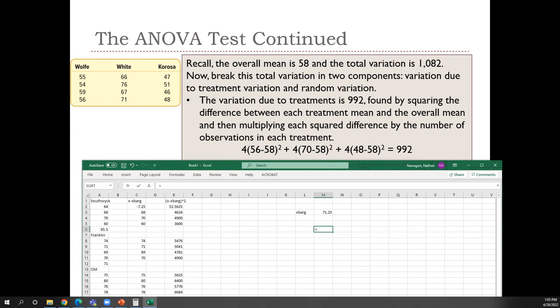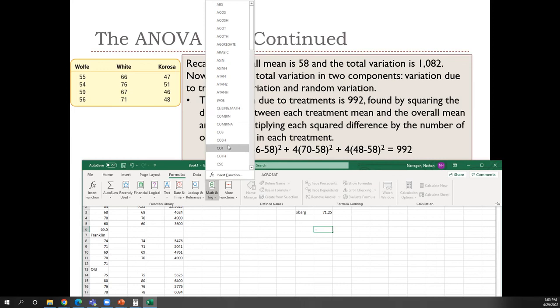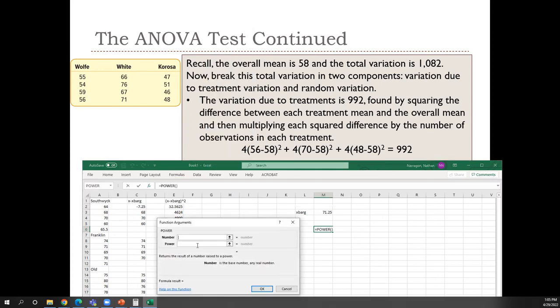So, each of these are going to be squared times 4 because exponents come before multiplication. Let's see if there's an easier formula for square. I think it's just SQ. Square root. Power. Yeah, let's use power. So, that one minus R large.